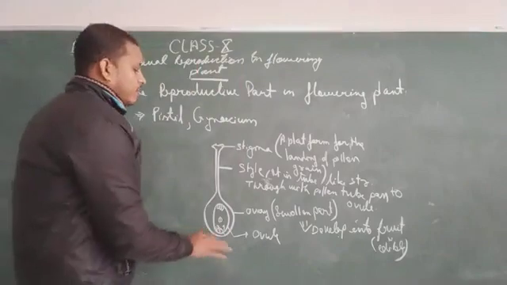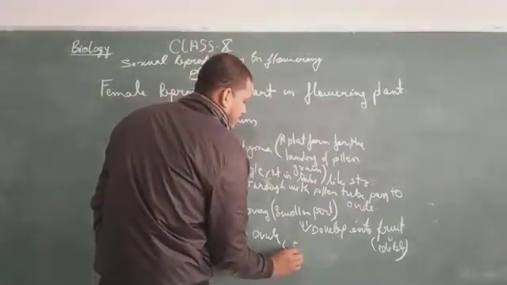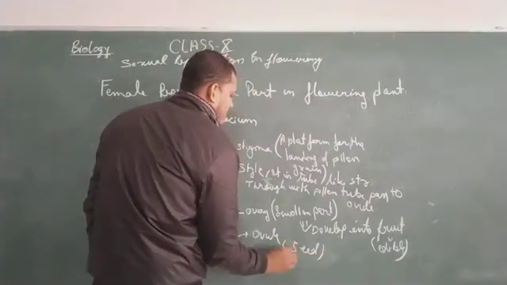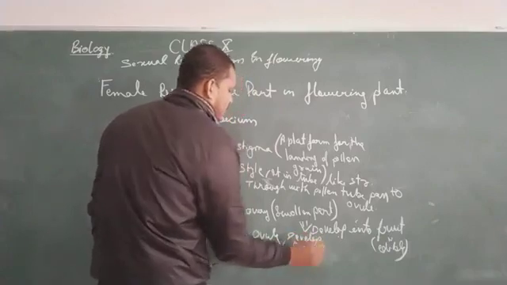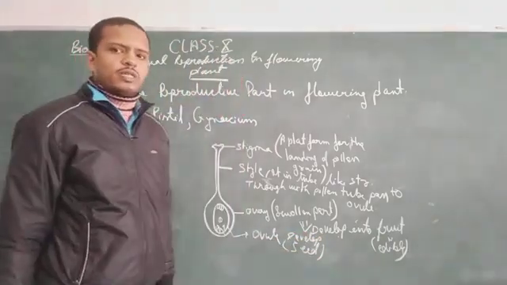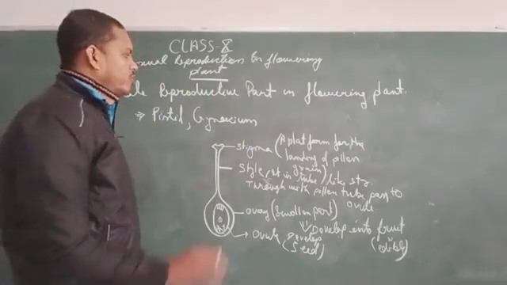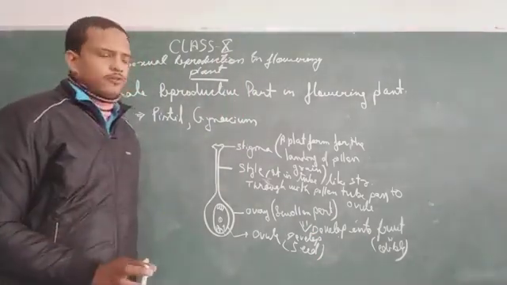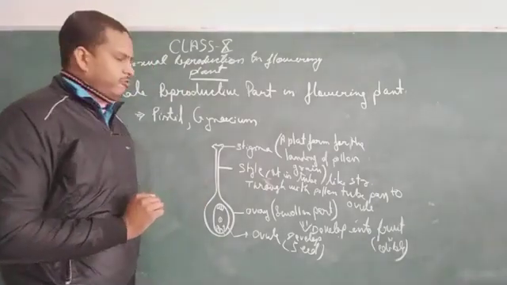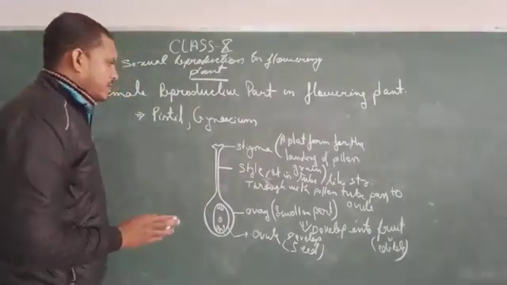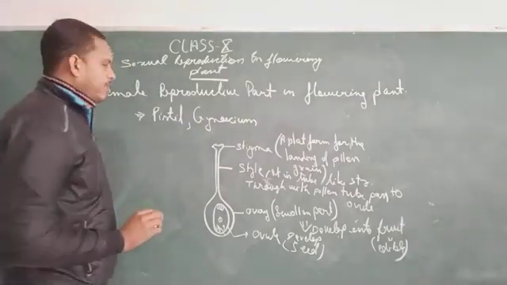And if we talk about ovule, it develops into seed. So this is the function of each and every part of the female reproductive organ in the case of plants. Now we are going to discuss a few things in detail.